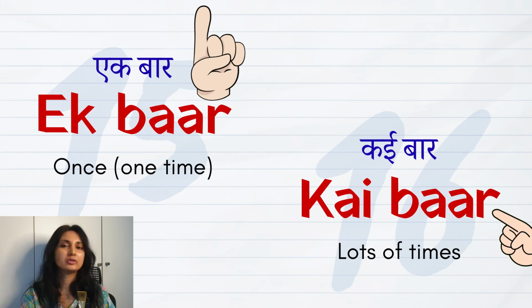And then we have kai bar. Kai means many, and bar, again, will be times only. So kai bar means lots of times or many times. So ek bar and kai bar.